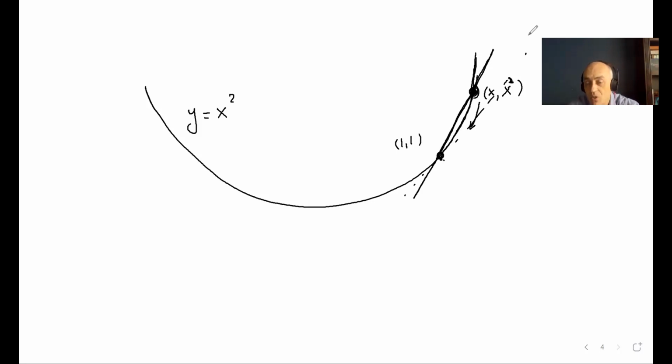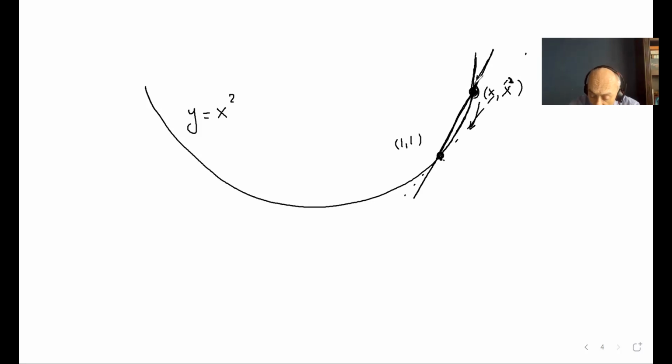That's a slightly different approach, but it eventually gives the same result. So let's focus on Newton's method. The idea of sliding one of the points of the secant line towards the other was the main germ that started calculus in the form we know it today.